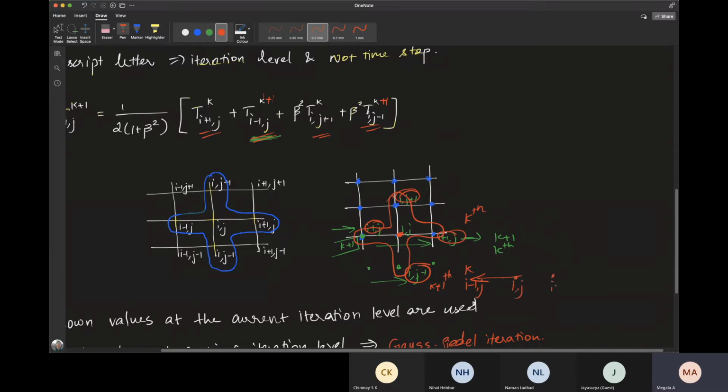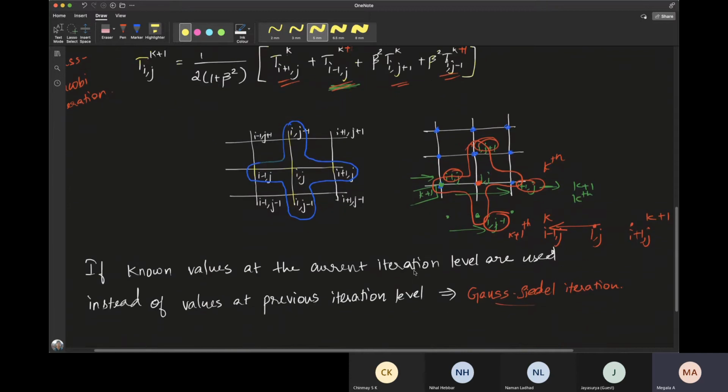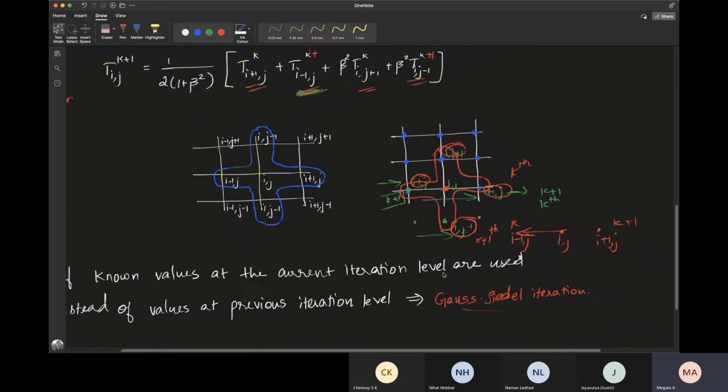And i plus 1, j will be known at the k plus 1th iteration level. So depending on the direction that you're moving, some of these 4 terms will be known at the k plus 1th iteration level, and some others won't be. So depending on that, you can use them accordingly here. That kind of a scheme is known as Gauss-Seidel iteration.